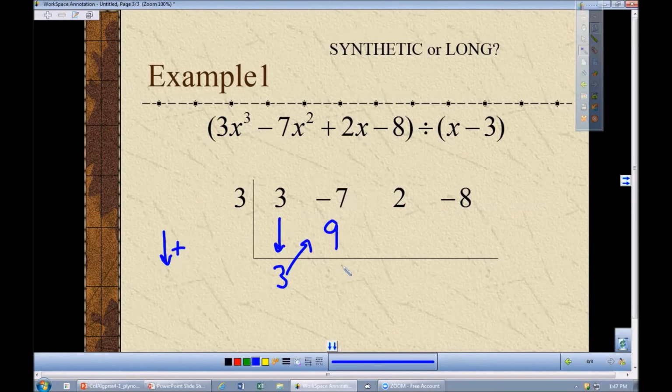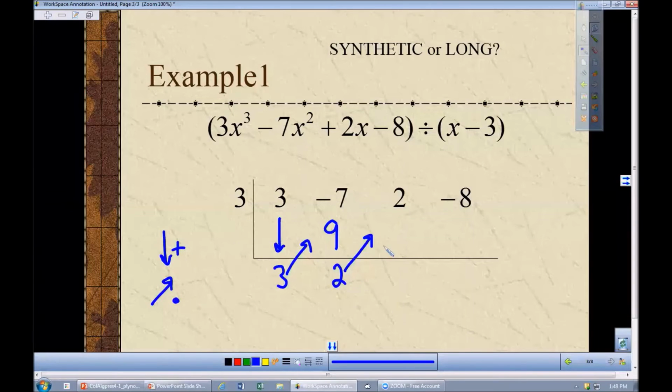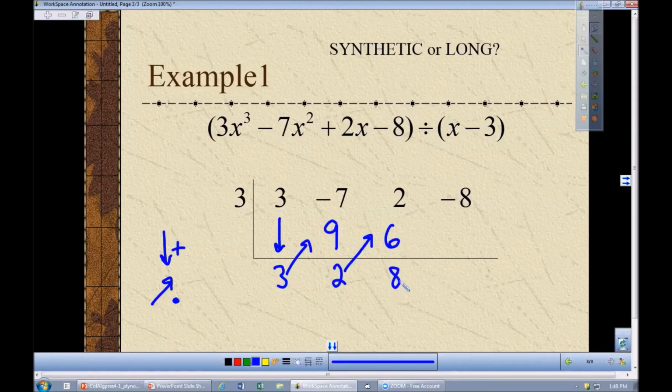Negative 7 plus 9 is 2. When I go diagonal, I multiply. 3 times 2 is 6. When I go down, I add. I'll get 8. When I go diagonal, I multiply. 3 times 8 is 24. When I go down, I add. I got 16. And there's nowhere else to go here.